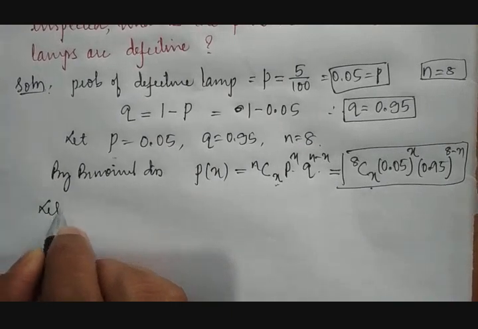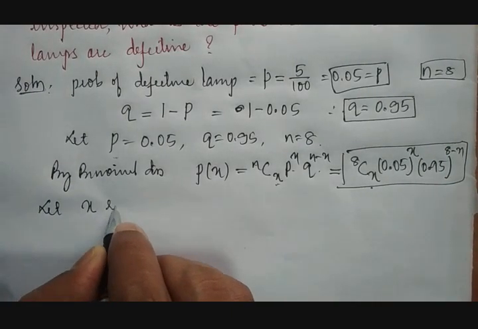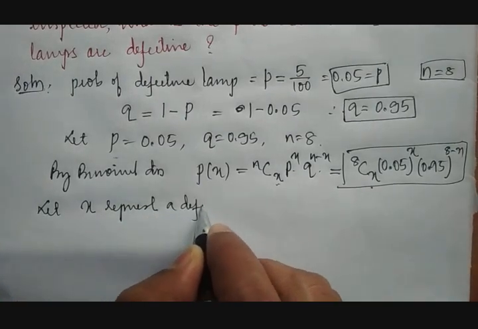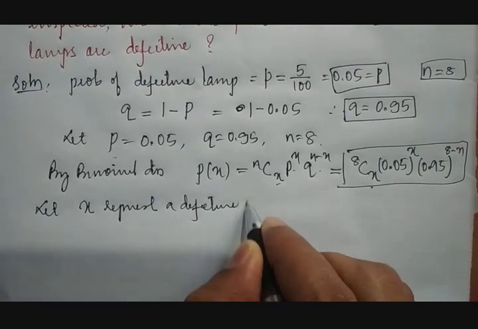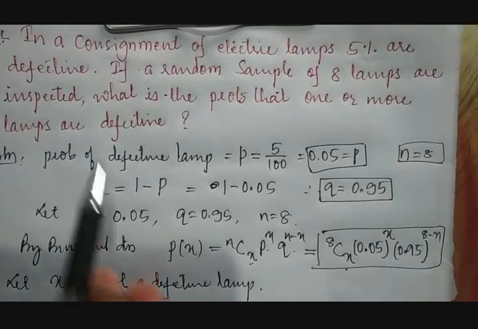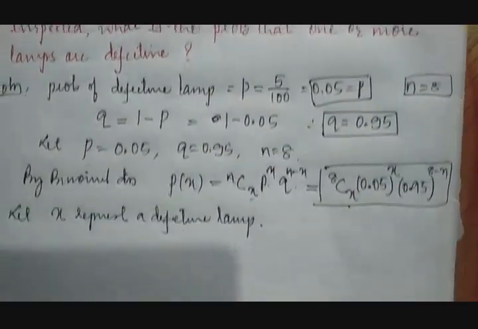Okay, let us take the x value. What is x? Here x represents a defective lamp. Because we have to take care of this example once again, let me read. What are we finally doing? We are calculating one or more defective lamps.